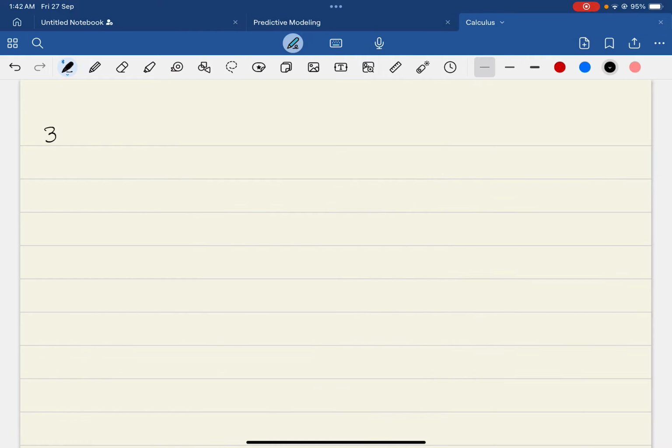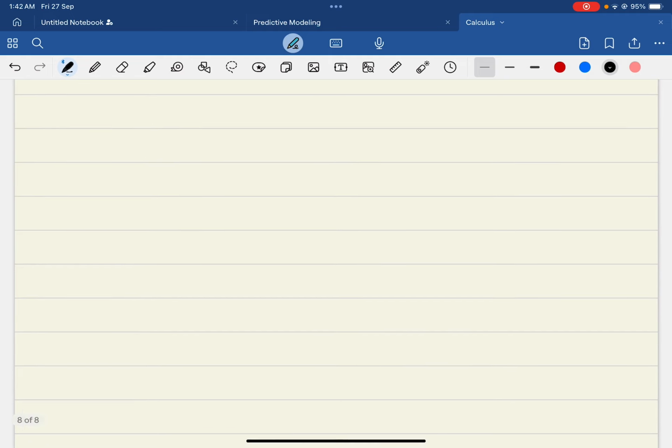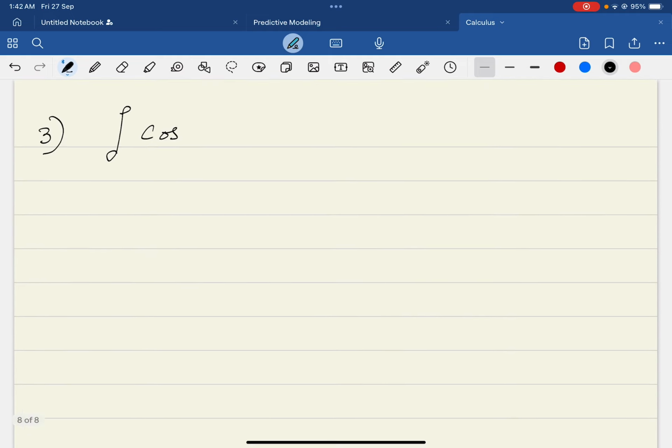Let us have the third problem as integral of cosine square 2x dx. To do this we should know one formula, because if you remember the last video, there is no direct integral formula for cosine square.